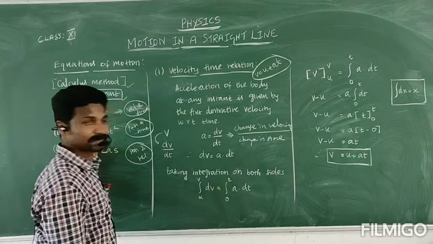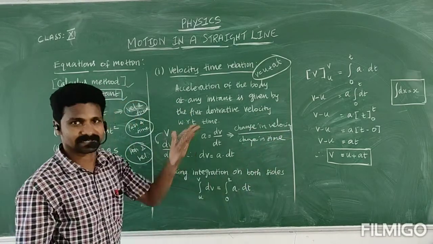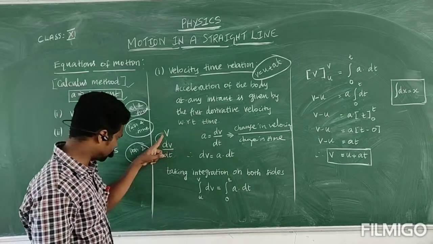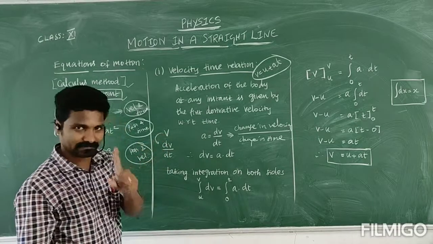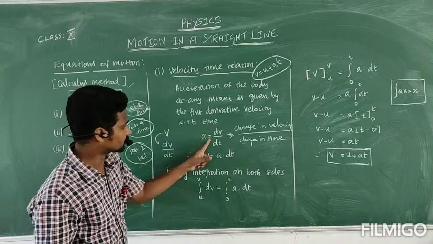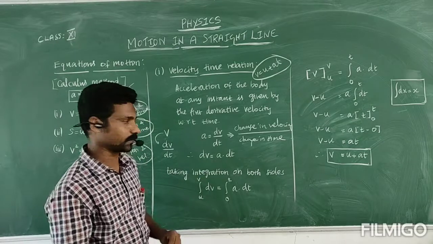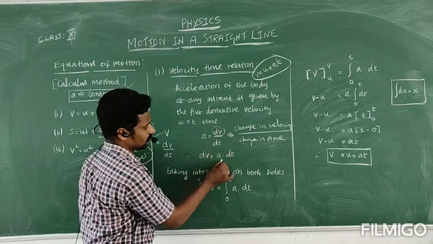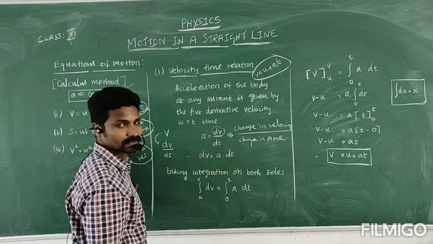Change in velocity divided by change in time is nothing but acceleration. It is the first derivative because we differentiated one time only. So acceleration is equal to dv by dt. Therefore, dv is equal to acceleration into dt.